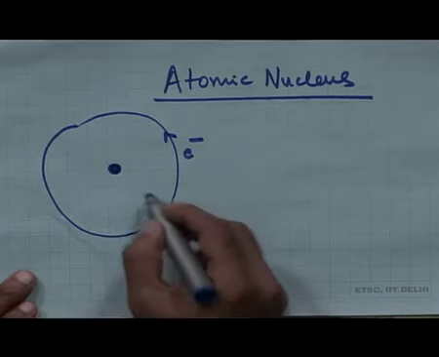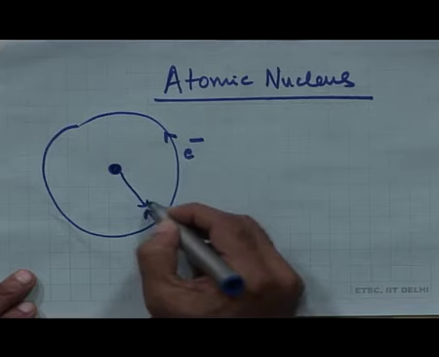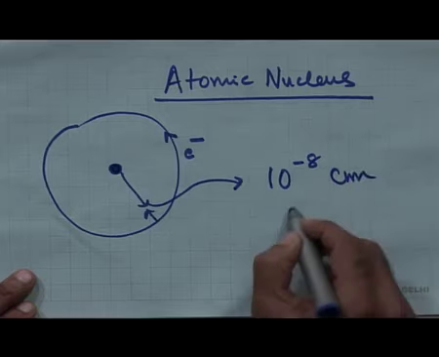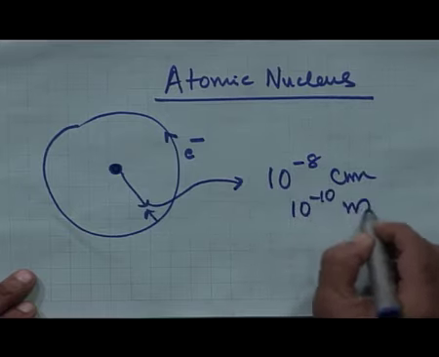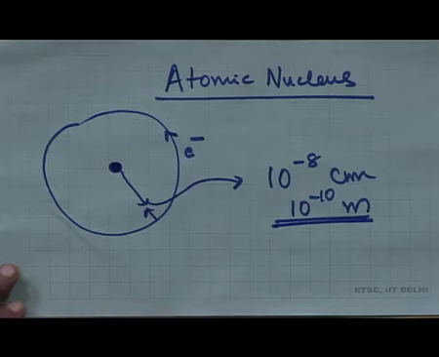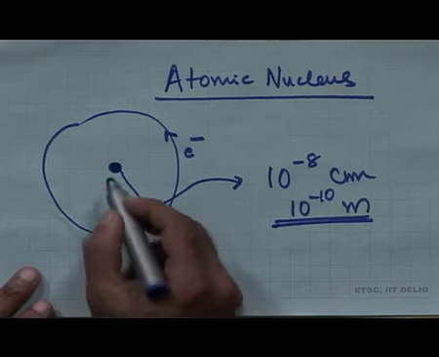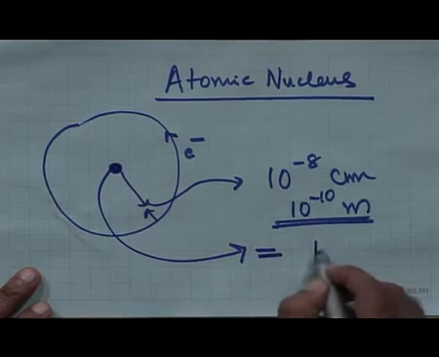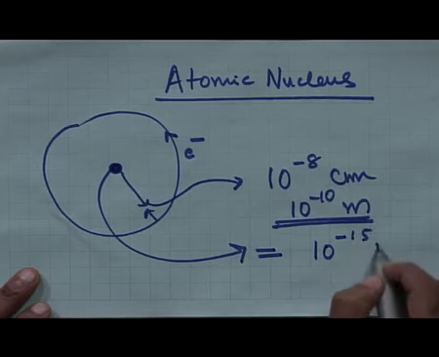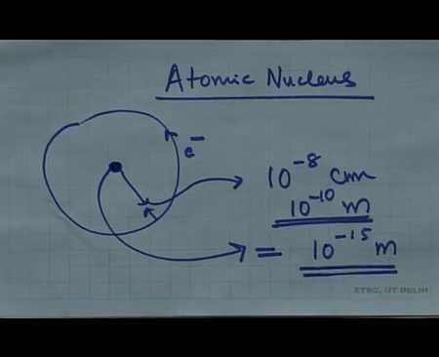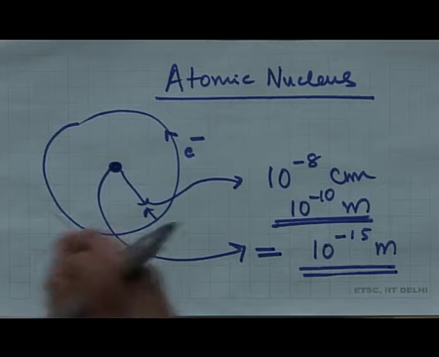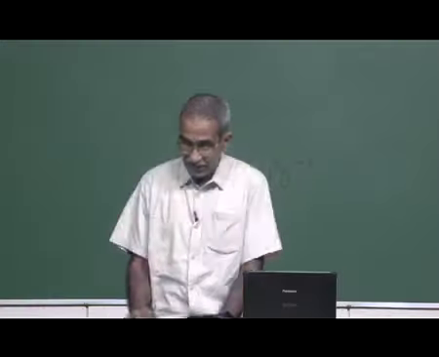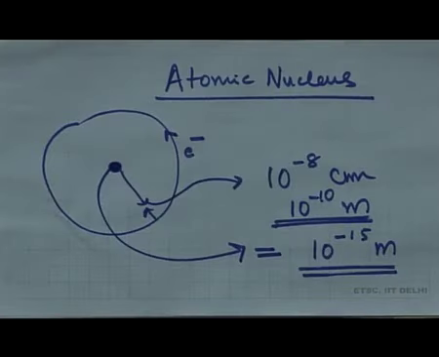To give you an idea of the scale, this length scale is of the order of 10 to the power of minus 8 centimeter, 10 to the power of minus 10 meter. What the Rutherford experiment told us was that this central region is of the order of 10 to the power of minus 15 meters. So, the region where most of the mass is concentrated is in a very, very tiny region.